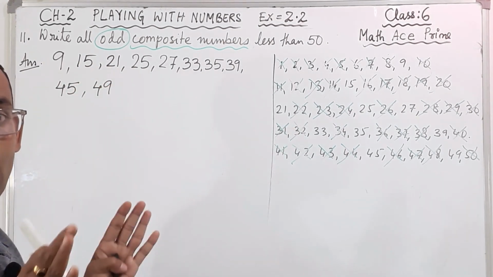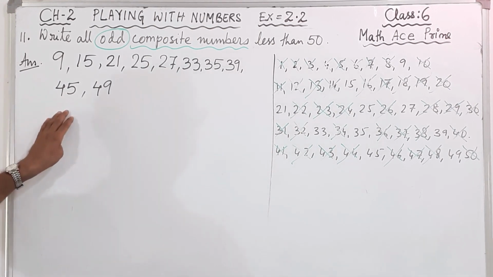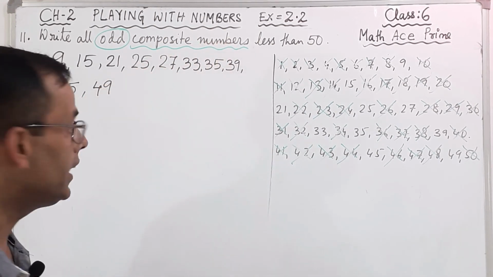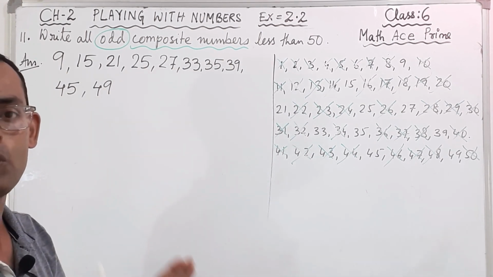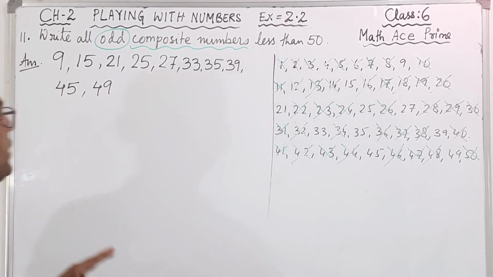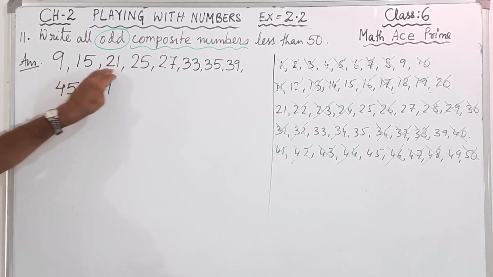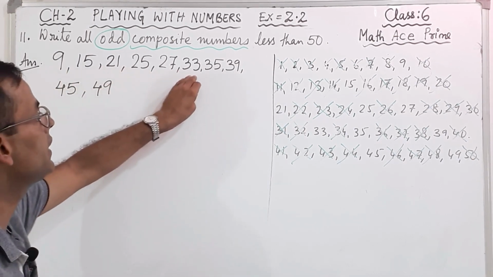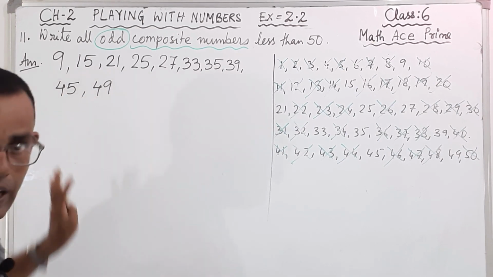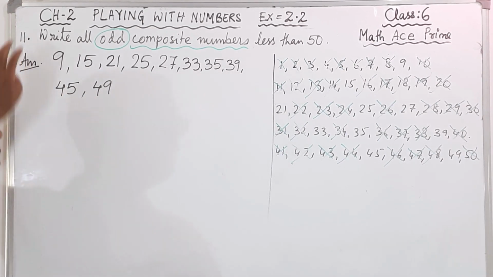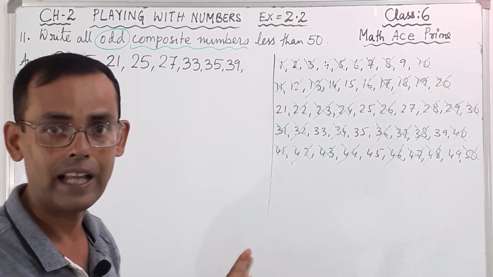So these are the odd composite numbers less than 50. Clear or no? What? 9, 15, 21, 25, 27, 33, 35, 39, 45, 49. I hope you have understood question number 11 nicely.